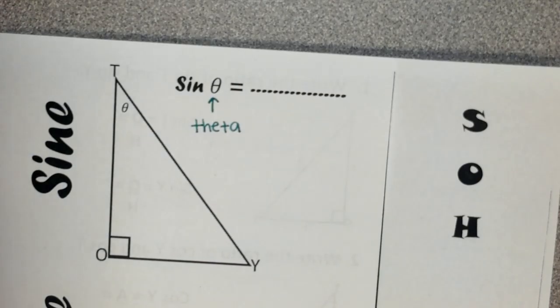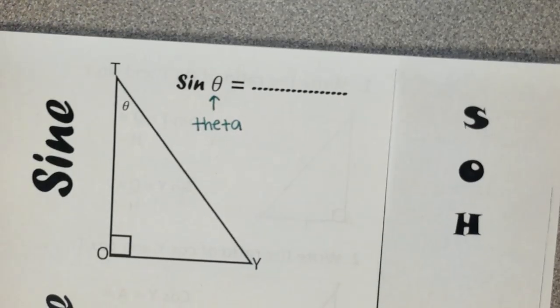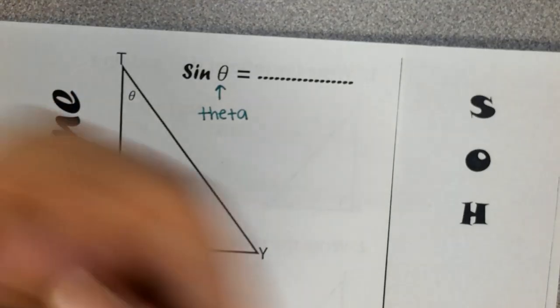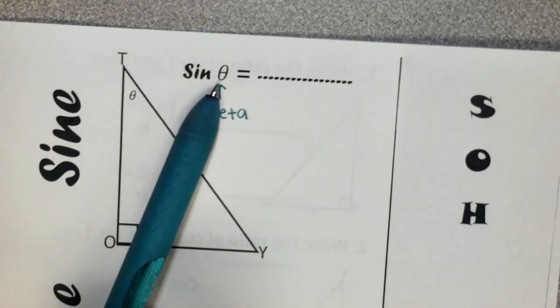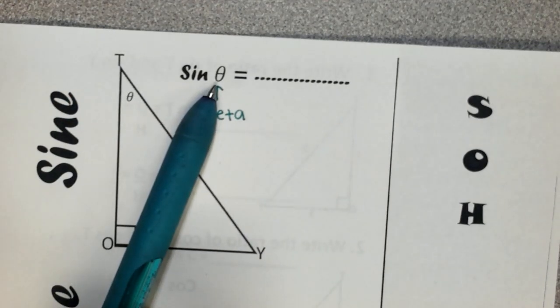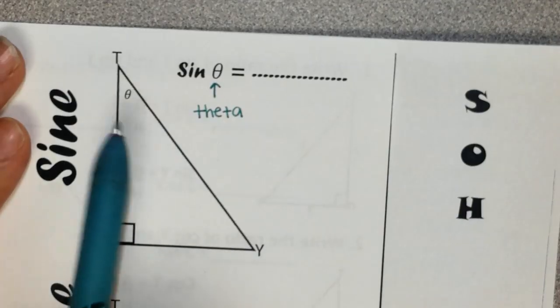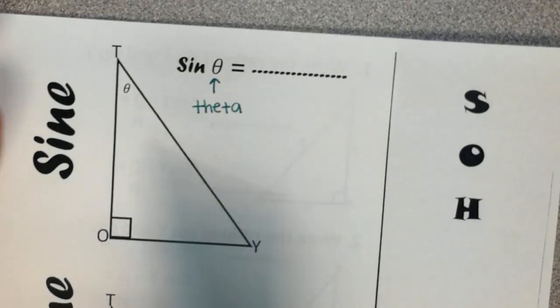Could they use x? Yeah. Would it make life easier? Probably, but do they use x? No. Sometimes you're going to see an x there, but you're also going to see theta a lot. We are only going to use theta for angles. Okay? It's just a Greek letter. So, theta is our angle.